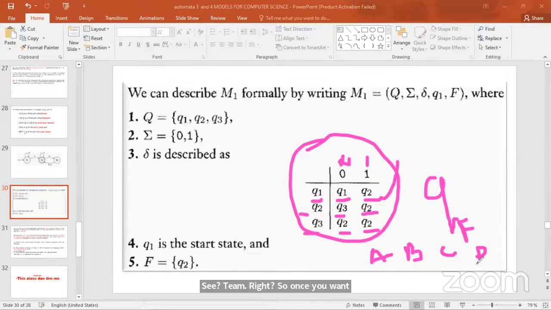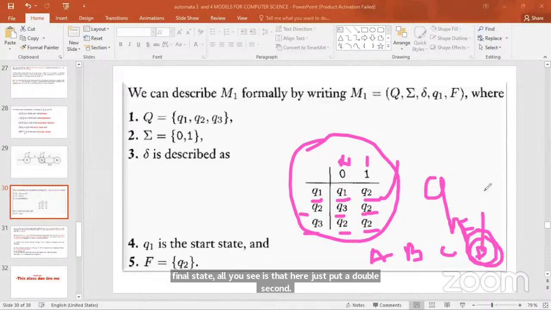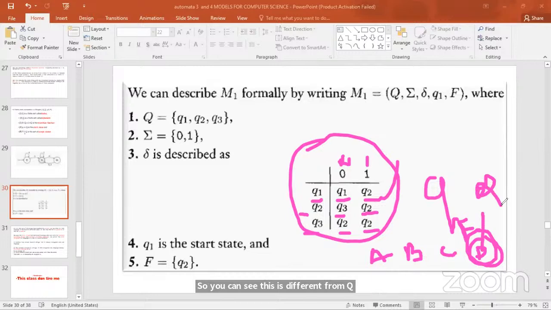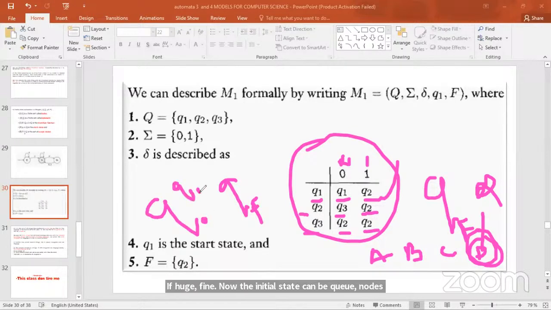So once you want to say this is the final state, all you do is put a double circle, so you can see this is different from Q. It's just for the purpose of definition. When you see F, it means QF, Q final. The initial state can be Q naught or Q1, depending on your own style. For me, I prefer to use Q naught, but some people want to use Q1 as the starting state.